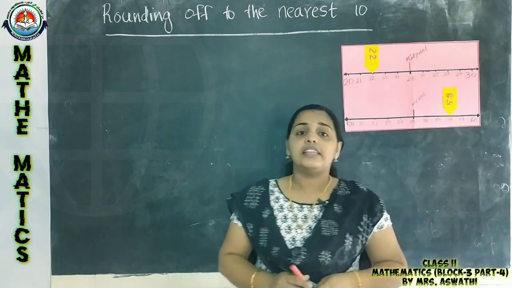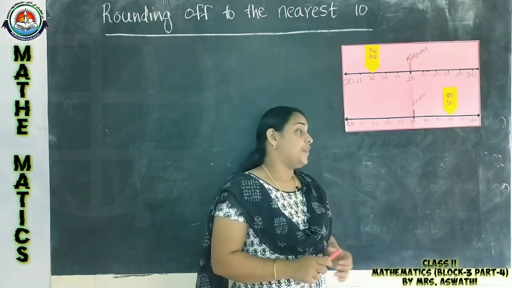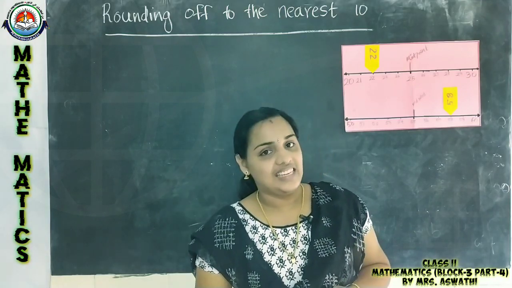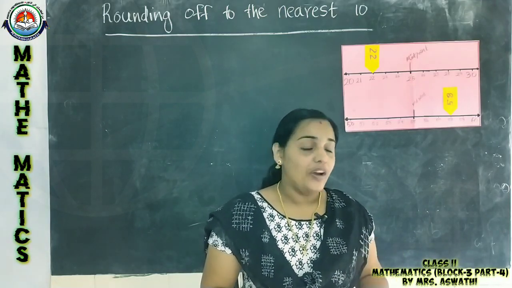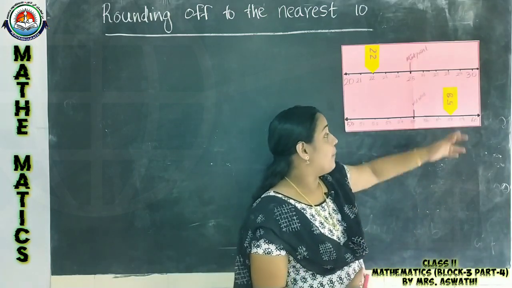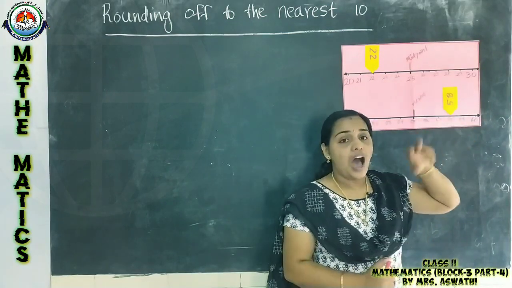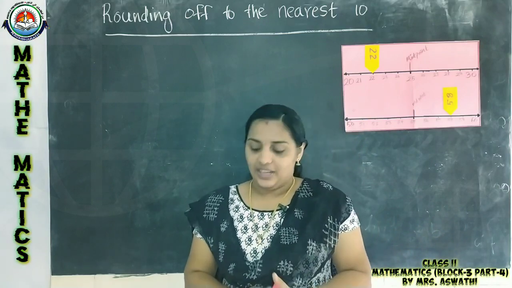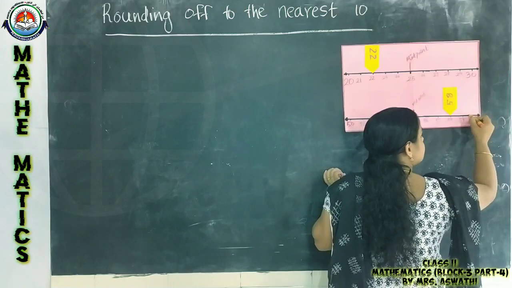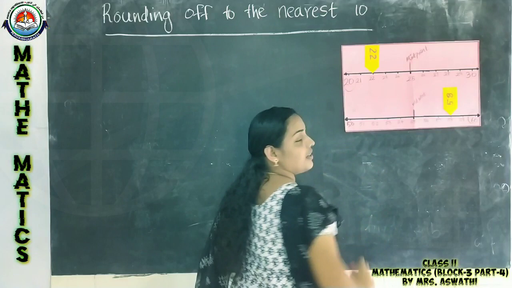Yes, 60 is nearest to 58. So we can round off 58 to 60. Listen, here we can see this number comes after the midpoint. So we round off to 60, and number 22 rounds off to 20.